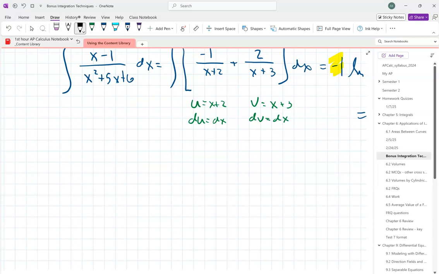I'm going to just pick one where it gets more complicated. I would never ask you to do the more complicated one on a quiz or a test, but I think it's worth showing you. So let me try not to screw this up too badly.